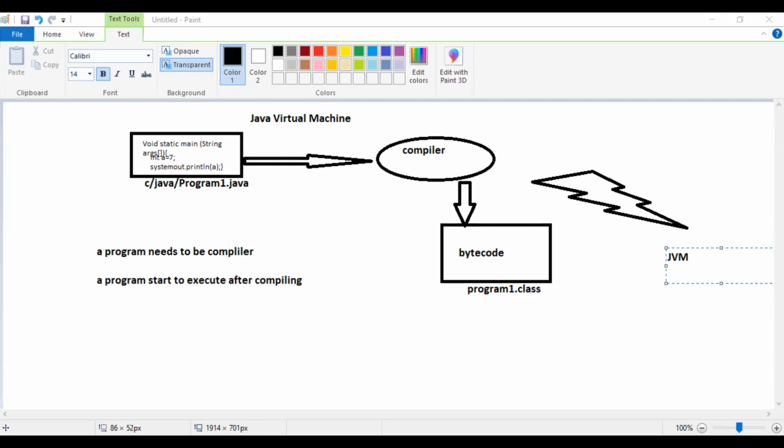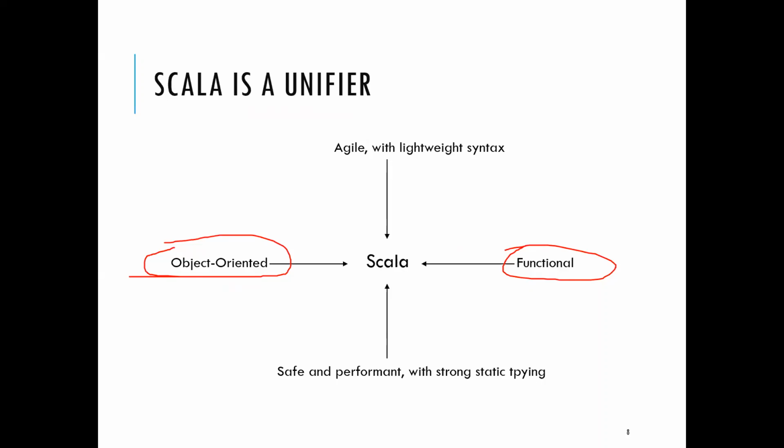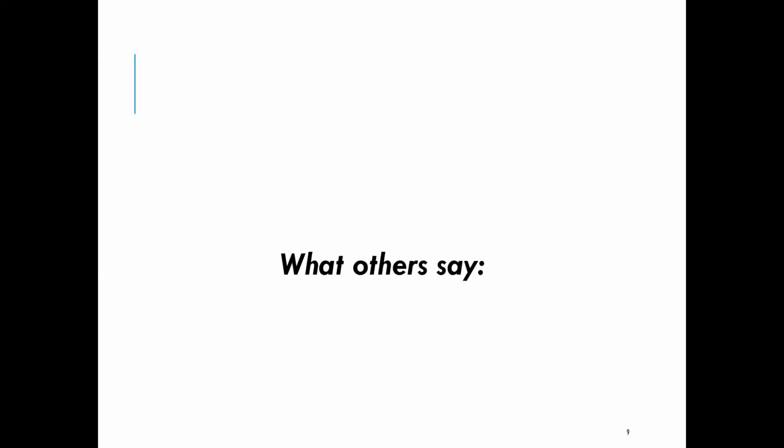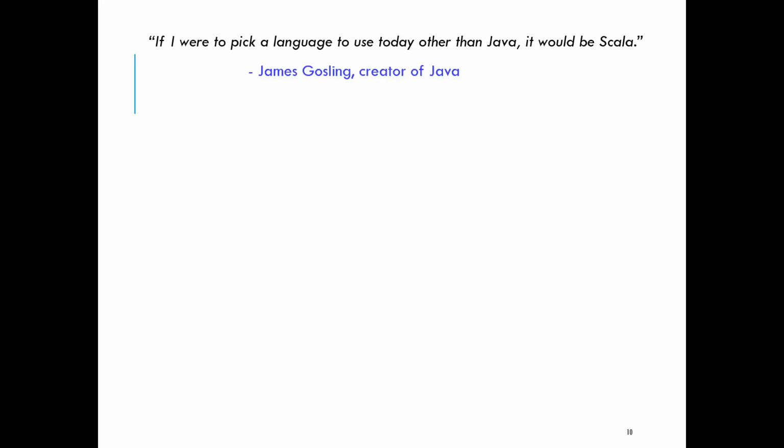So this is why Scala is useful. It is object-oriented and functional as well. These are the features which support agile, lightweight syntax, very simple to do, safe performance, strong static typing, and so on.